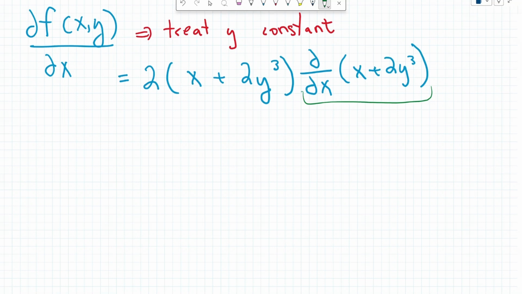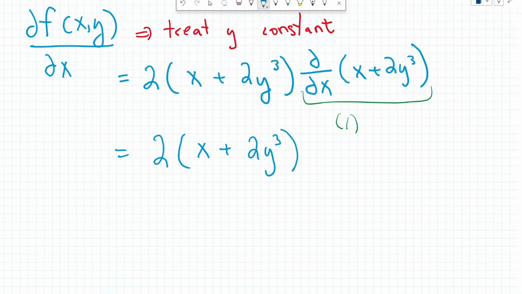Well, that is simply 0. So this portion is just going to be equal to 1, and that's it, because the derivative of x equals 1 and the derivative of 2y cubed equals 0. So our final answer is simply 2 multiplied by x plus 2y cubed.